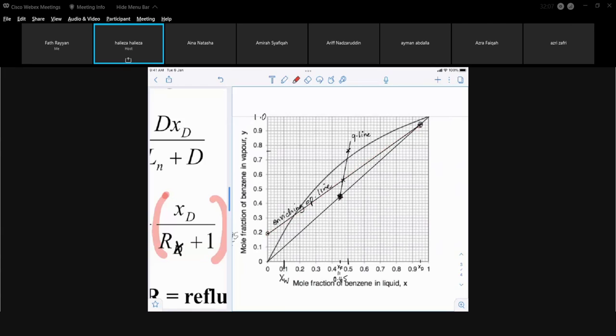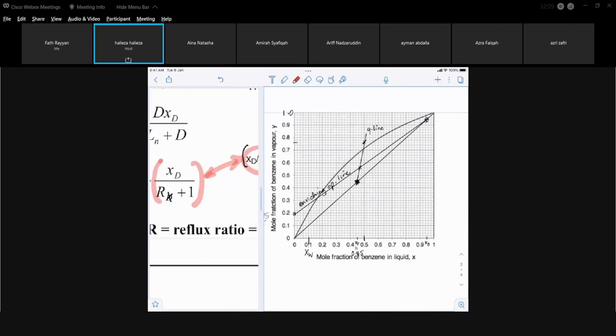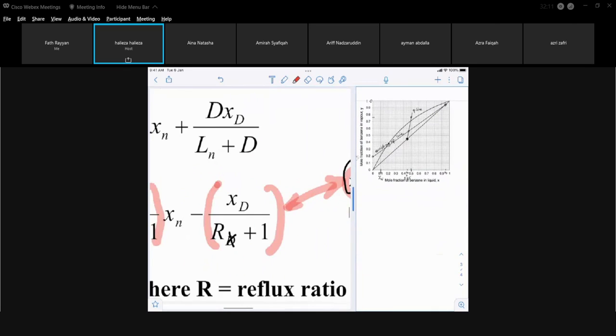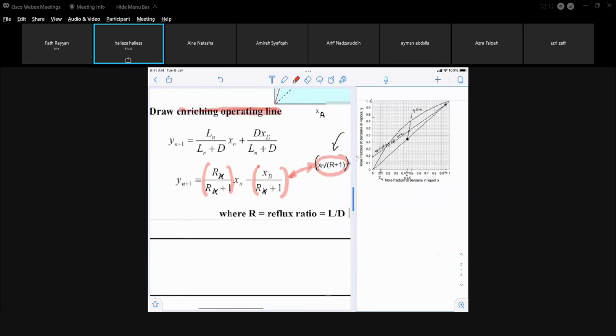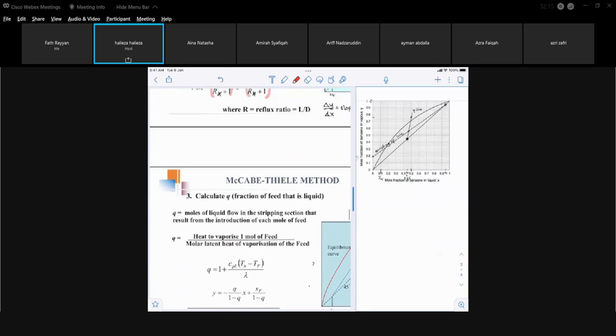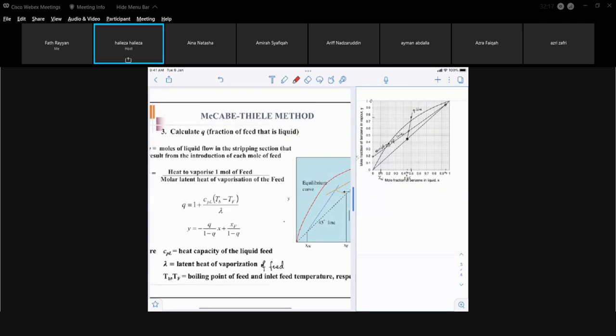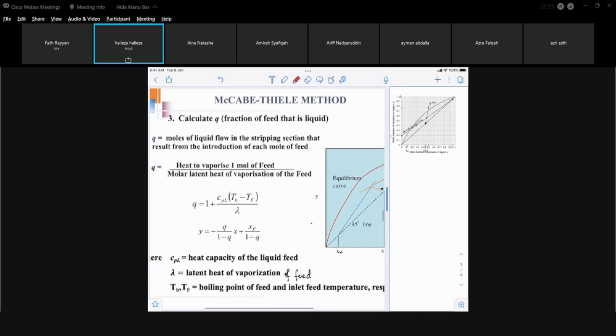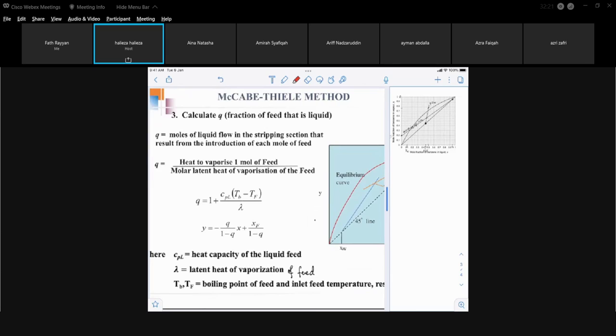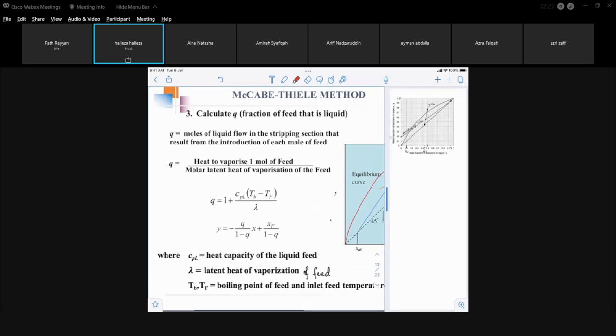Next would be to get the q line. If we look at our notes, this is the definition of the q line. q is the fraction of the feed that is liquid. That is the definition of q.